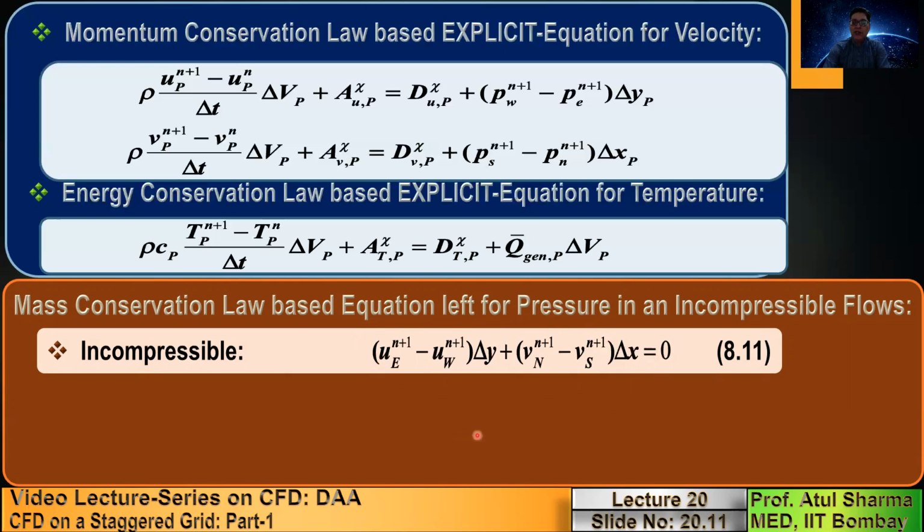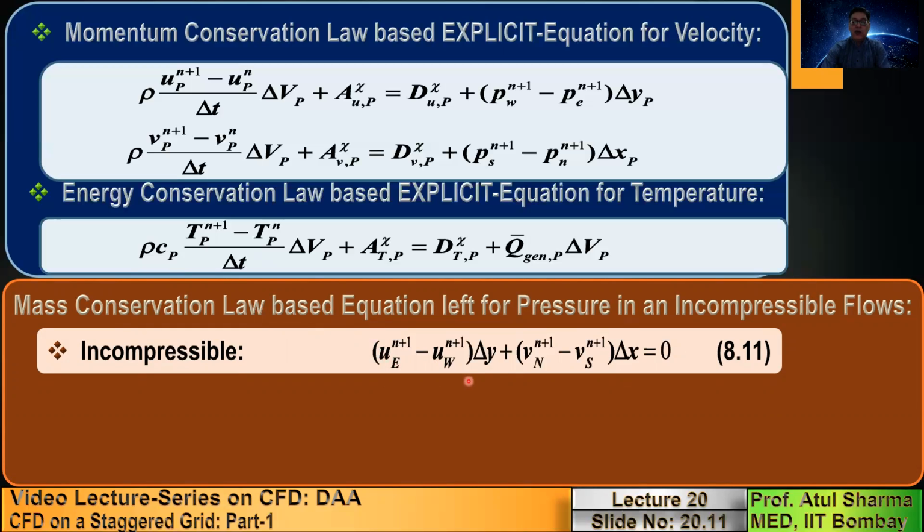Whatever law we are left with is the mass conservation law, and that leads us to this algebraic equation, which does not have pressure as a term. So one of the biggest challenges in the early days of CFD is how to convert the steady form of the mass conservation law based algebraic equation into an algebraic equation for pressure.